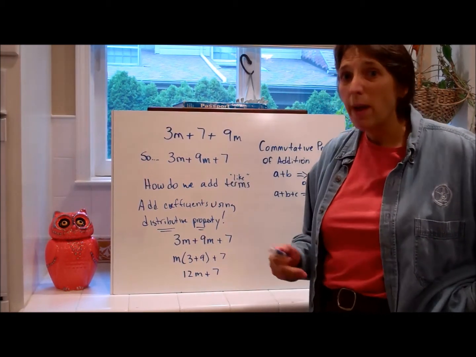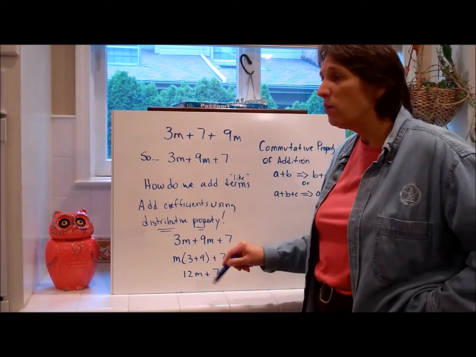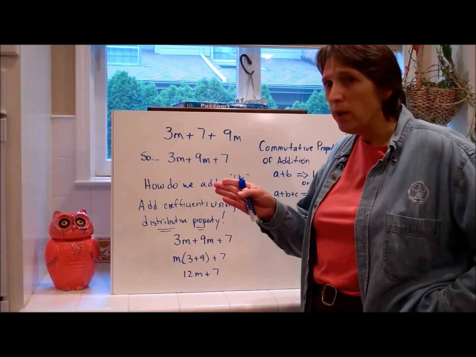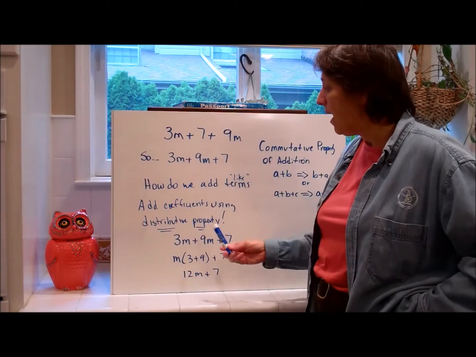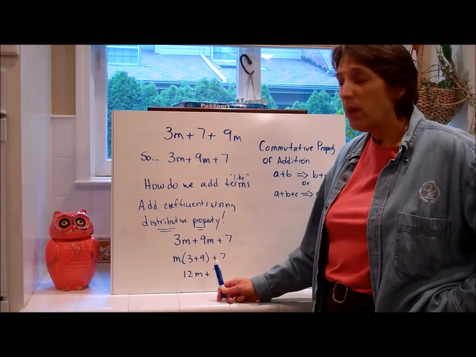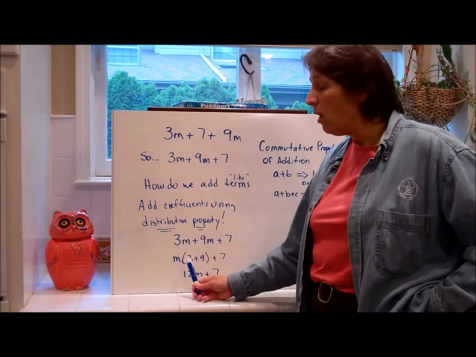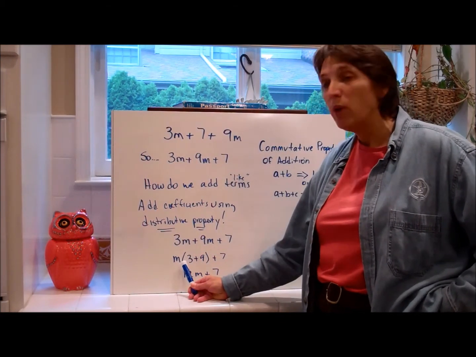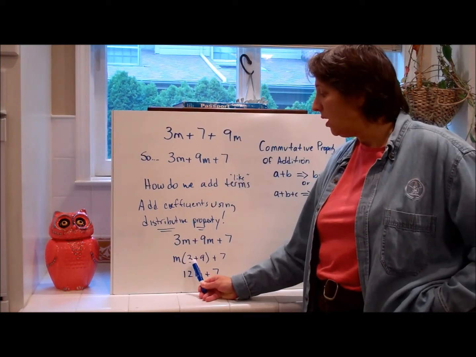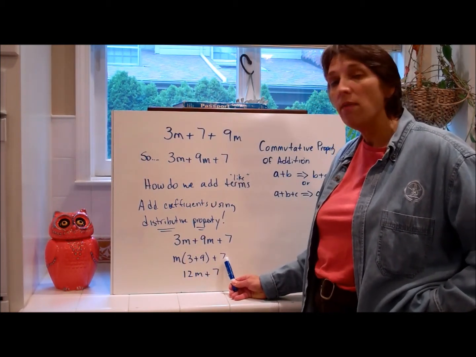What you're going to do is go backwards, just like we did with the distributive property, where you go one way, and you have to go backwards. What do 3m and 9m have in common? An m. So we factor out the m and rewrite it using the distributive property, and we get m times the quantity 3 plus 9, plus 7.